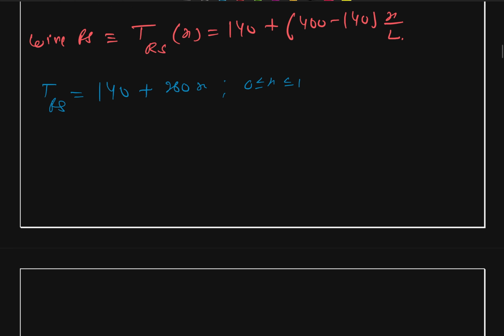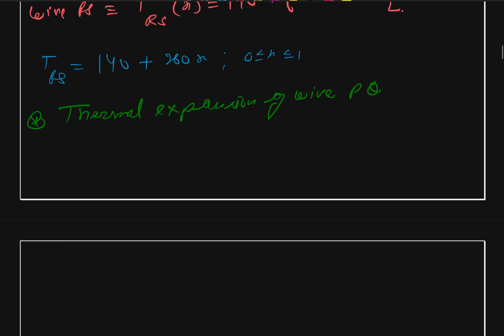Therefore, we can write the thermal expansion of wire PQ. Suppose delta L will be equal to the integral over the entire length of alpha times (T of x minus T naught) dx.